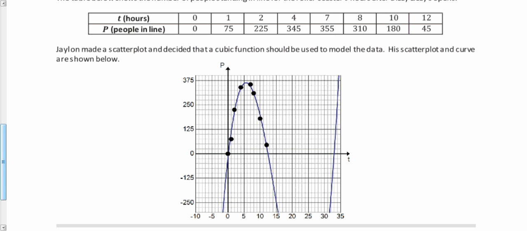So everything that's in the table here, he's got dots here. So he put plots on his graph for every single point that he has on the table. Now, he decided that a cubic function should model the data. All right?